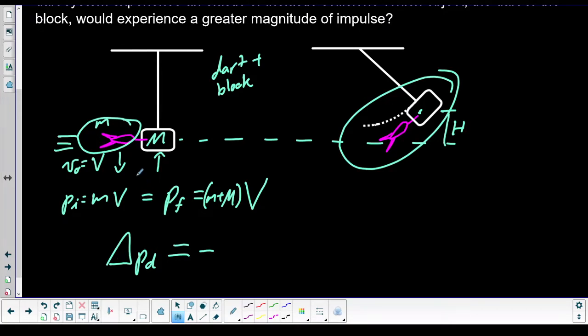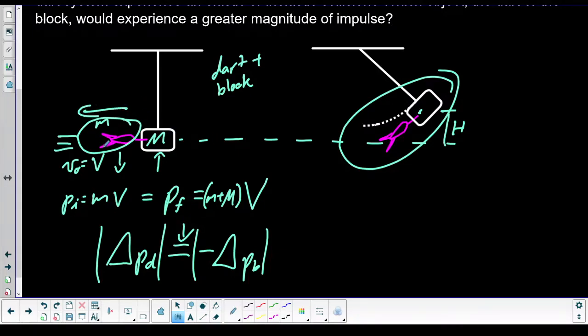It'll be a negative value. Here, it will gain momentum, the block. However, the magnitude is the absolute value. We just care about the size of this. They'll be equal. So the impulse that the dart feels and that the block feels will be the same size, opposite direction, because the force from the block will be that way on the dart. The force from the dart on the block will be that way. Okay, cool. So same size, different direction. Magnitudes will be equal. Okay.